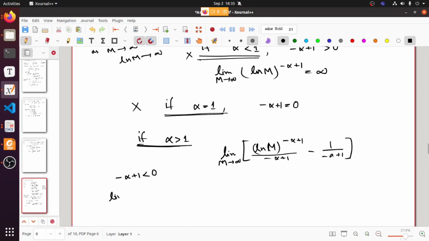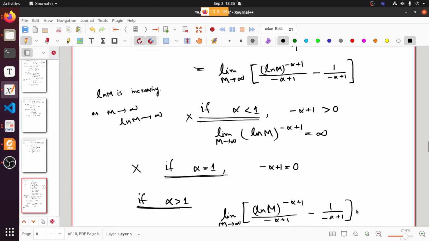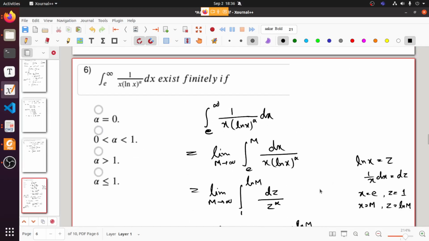So (ln m) to the power minus alpha plus 1, as m tends to infinity, goes to 0, right? Because this power is negative, it is like 1 by ln m, and as m tends to infinity, ln m goes to infinity, so 1 by infinity is 0. Then you get the finite value 1 by alpha minus 1. So this is finite. So if alpha is greater than 1, then this exists finitely, right?